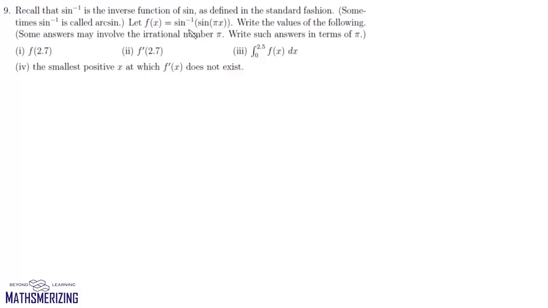We are given a function fx which is sine inverse of sine pi x. Now write the values of the following. Now what we'll do is we'll draw the graph of sine inverse of sine pi x, and for that we'll draw the graph of sine inverse of sine x.